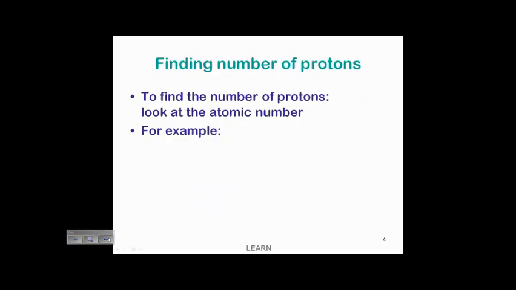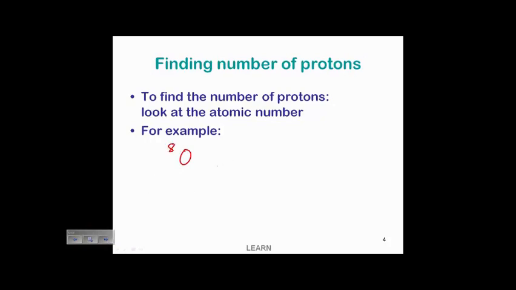So let's just review something for a moment. If you want to find the number of protons for a particular element, let's use the example of oxygen. All I need to do is look at the atomic number, which is written in the top left corner of our periodic table.